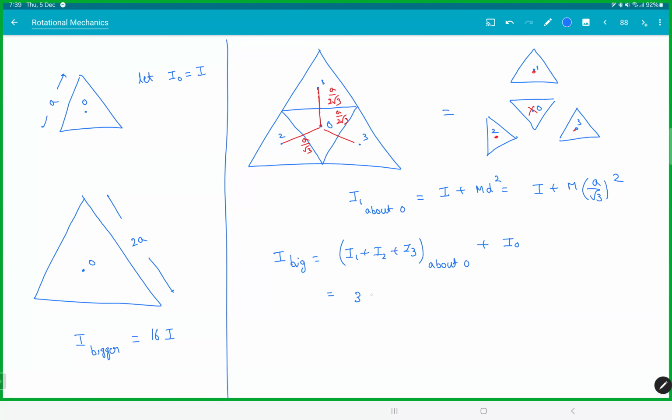So this is 3 times (I plus m a square by 3) plus I, but this is equal to 16I. So this will be 12I equal to m a square. I is equal to m a square by 12.